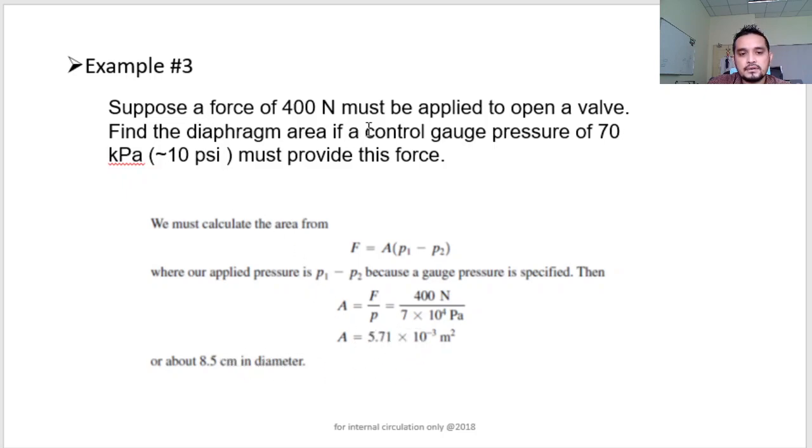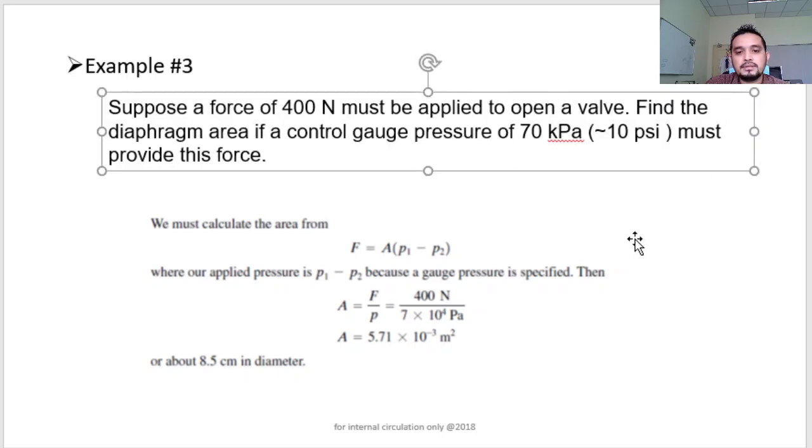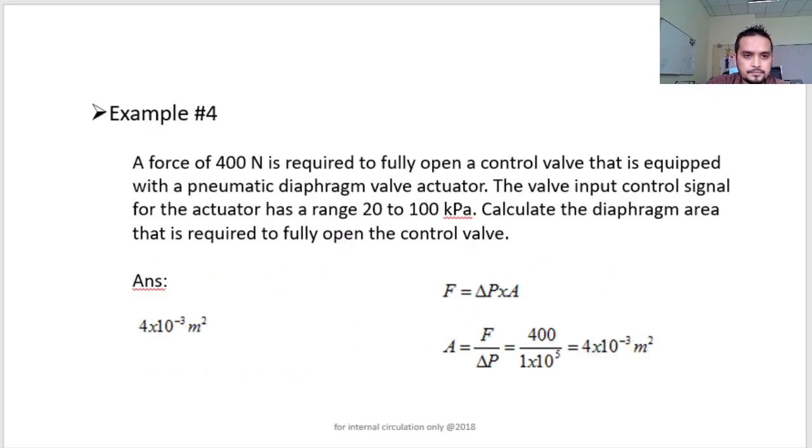But the question is asking about the area, so the answer is in meter squared. If they ask about diameter, it will be 8.5. If the question asks about radius, it should be 4.25 meter, which is the diameter divided by 2. So it is a very simple formula and very straightforward problem. It's just a matter of being able to use it and not being manipulated by the questions. Make sure you get it right.